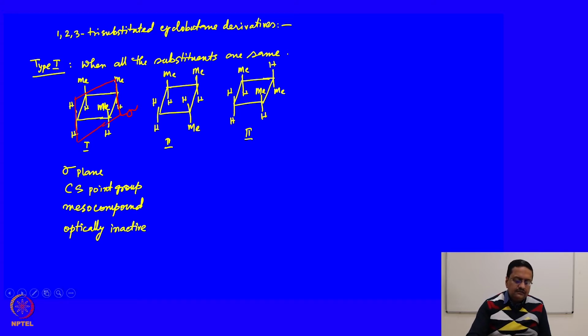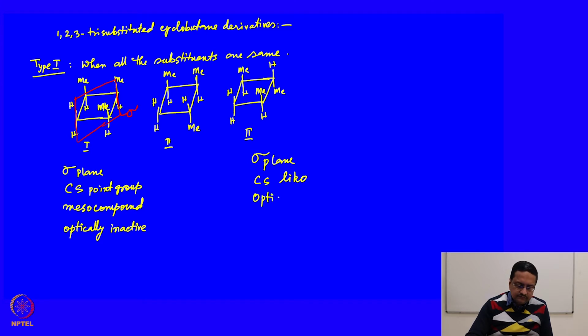If we look at the third compound, it also has the same sigma plane, therefore belongs to CS point group like 1. So, like 1, it is optically inactive.